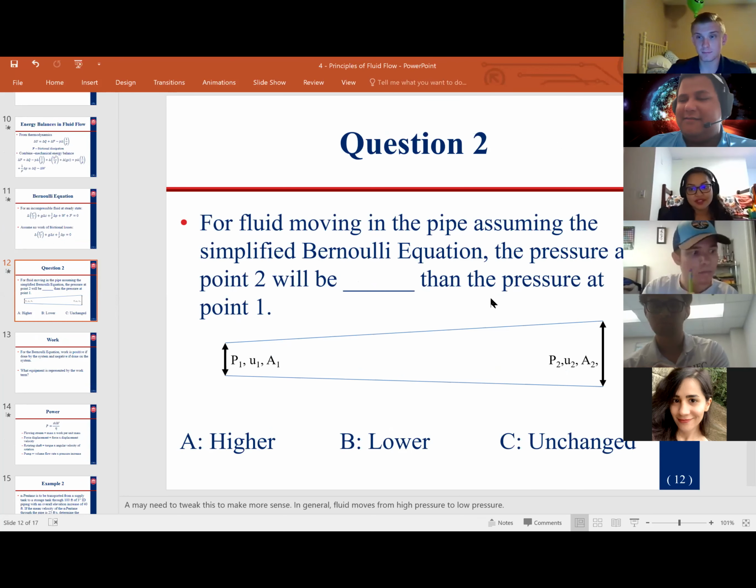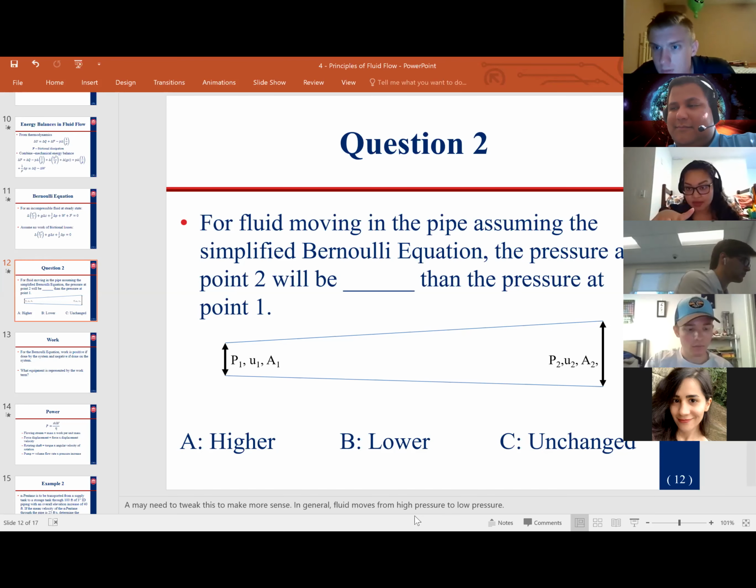We said that pressure would decrease at point 2, and mathematically it's force per area, so when your area is larger, the quotient is lower. Physically, when the area goes up, the velocity has to go down for volumetric flow rate to remain the same, and when velocity is lower, there is less kinetic energy of the particles bumping into each other, and therefore the pressure of the fluid should be lower at point 2.